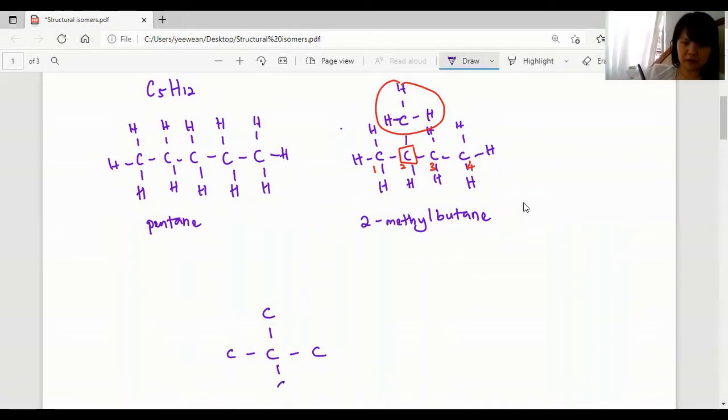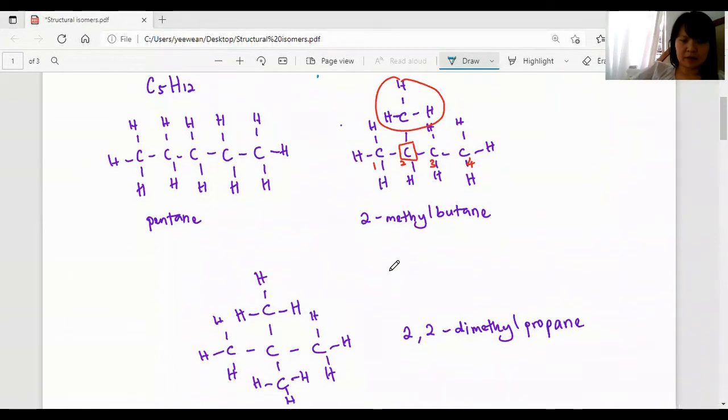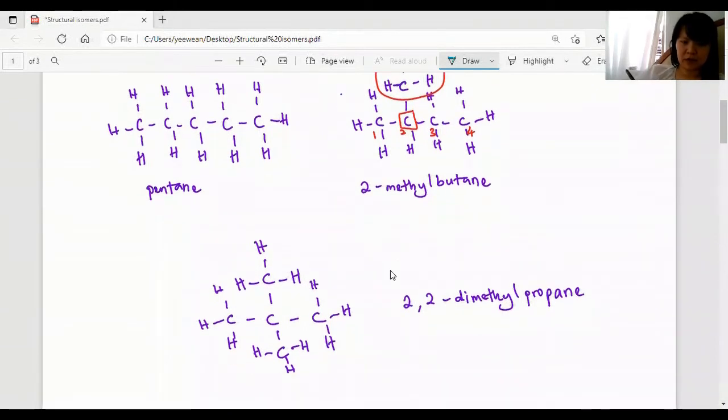So the branch goes here. So both are on number 2. So that's 2 and 2. Dimethyl. Let's put in the hydrogens. So it doesn't matter if you see your longest chain this way.